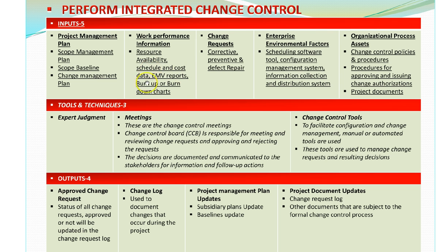Then schedule and cost data, earned value management reports. Then there are burn up charts or burn down charts, which show how the team is performing. If the team is performing better, or if the team is performing really badly, that will show in the burn up or burn down chart.